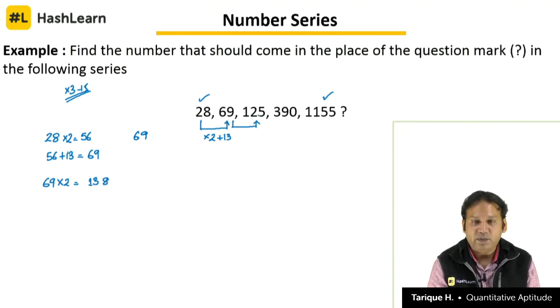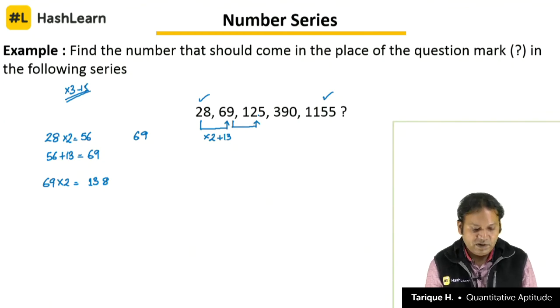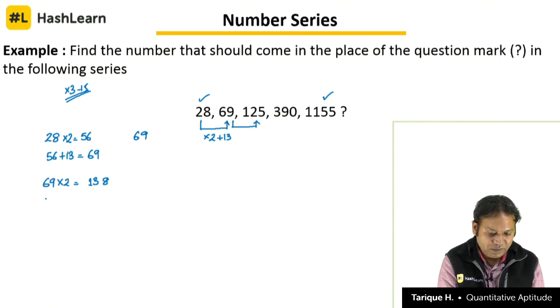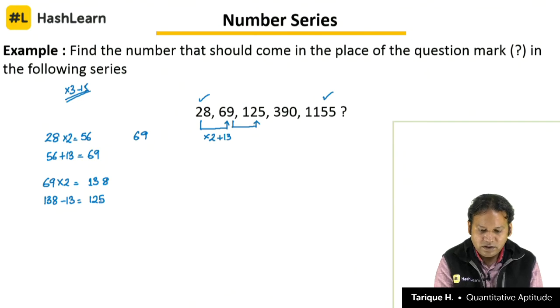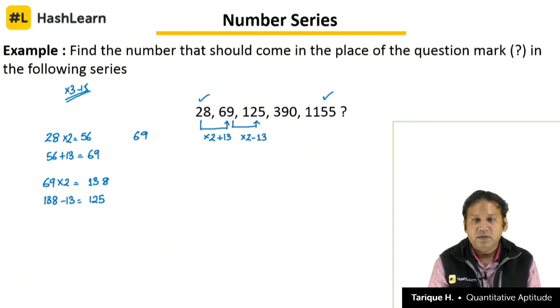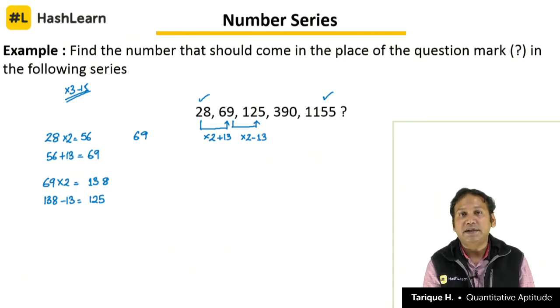And this number is 125. So obviously we are not adding, we are subtracting something. What are we subtracting? See, 138 minus 13 is equal to 125. So now we get here into 2 minus 13. So is the pattern into 2 plus 13 into 2 minus 13 again into 2 plus 13?